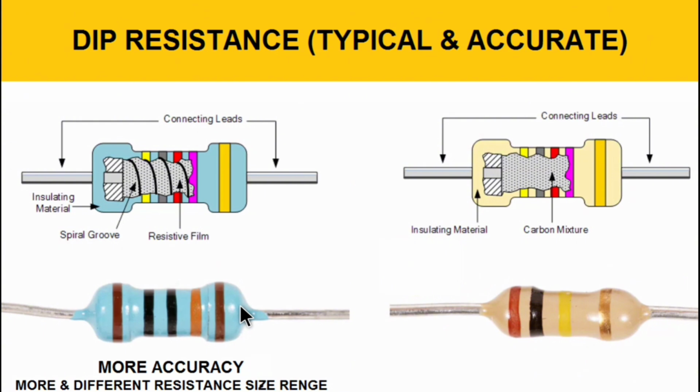I will continue the discussion of DIP resistors by measuring and how to read the dimensions of a resistor. We said that our resistors are either accurate, blue colored, or inaccurate. Normal resistors have 4 color bands, and accurate resistors have 5 color bands. These colors specify the size of a resistor. According to this table, each color has a code. For example, this yellow, which is the first color, indicates the number 4.